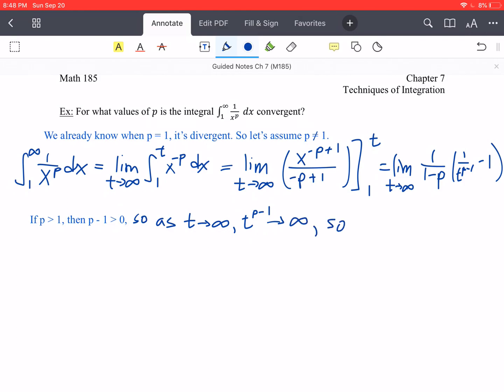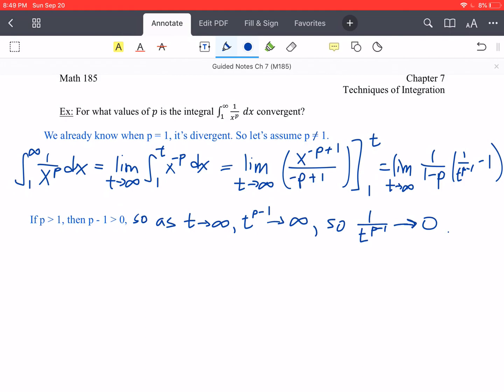And since the denominator is approaching infinity, then 1 over that must approach 0. Because again, the property of fractions, where if the denominator goes to infinity, gets really, really large, then the entire thing is going to get really, really small and head towards 0. Okay.